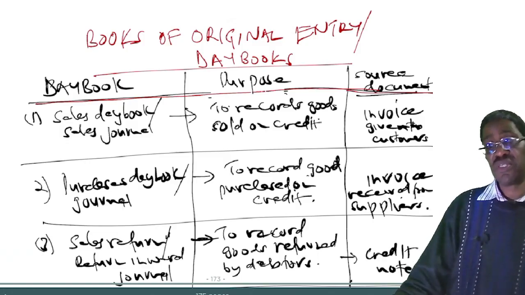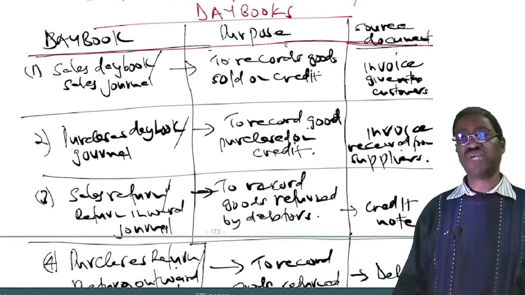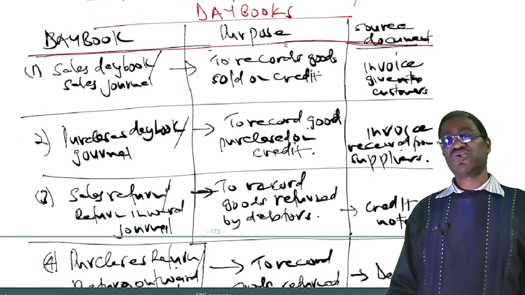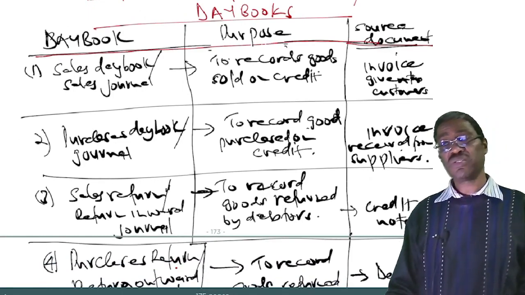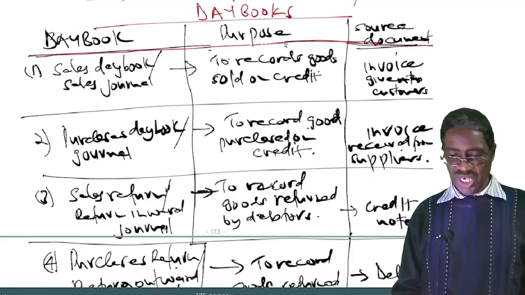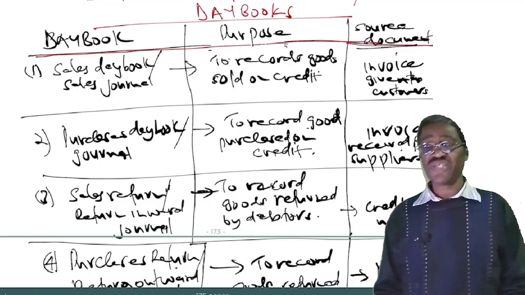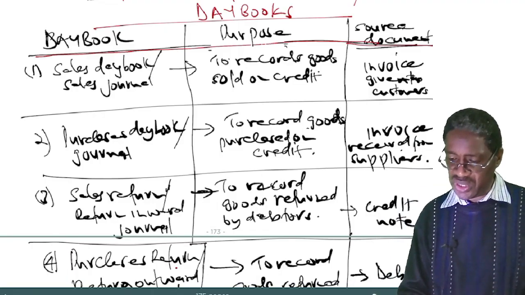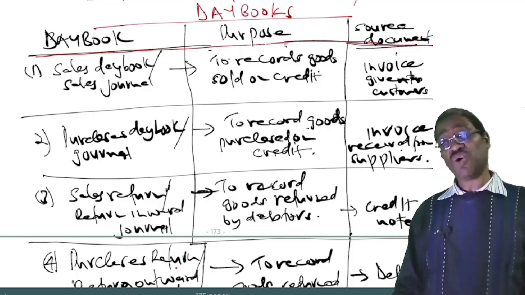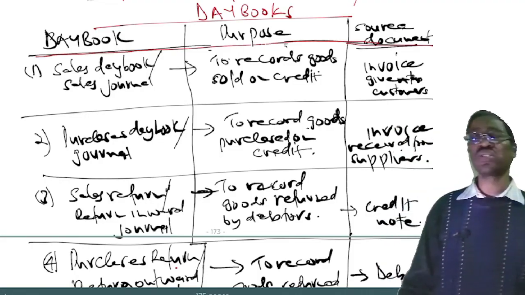Good. Then you go to number 2 now. Number 2, you call it purchases daybook, or what we are calling journal. Purchases journal. The purpose is to record goods purchased on credit.